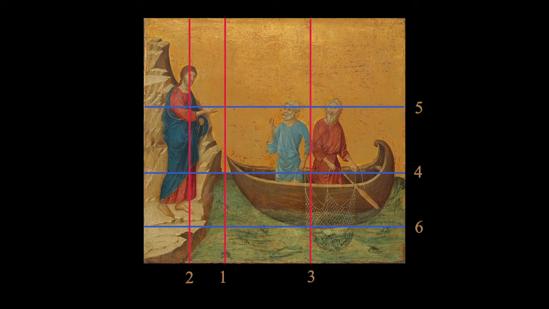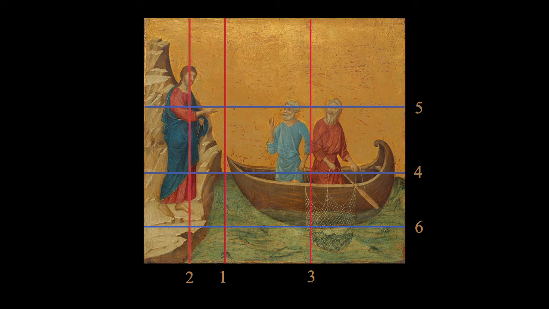Line 1, the primary division of horizontal space, stands between the vertical figure of Christ standing on the vertically oriented bit of shore and the horizontally oriented boat containing the apostles Peter and Andrew and the sea. The space has a ratio of 1 to 2, dividing the picture plane horizontally one third to two thirds.